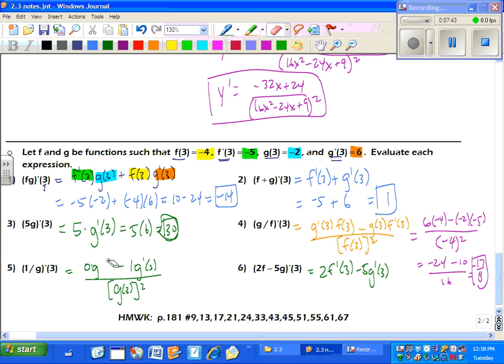Same basic idea as the other one. This is going to cancel out, so we get 0 minus 1 times the derivative of g at 3, so negative 1 times 6, all over g of 3 squared, so negative 2 squared. We end up with negative 6 over 4, or negative 3 halves.